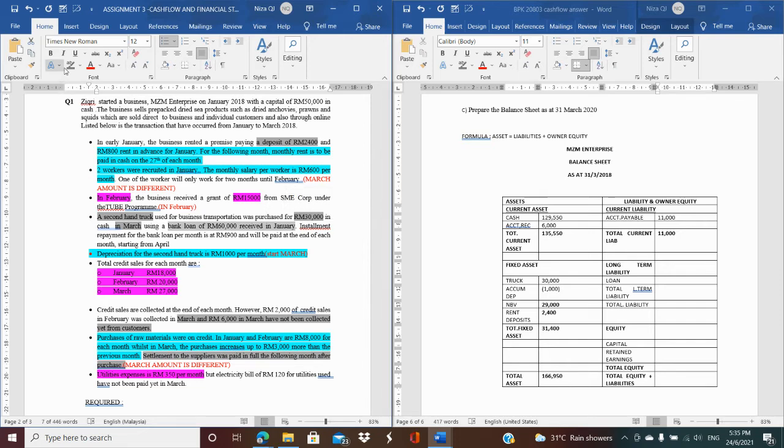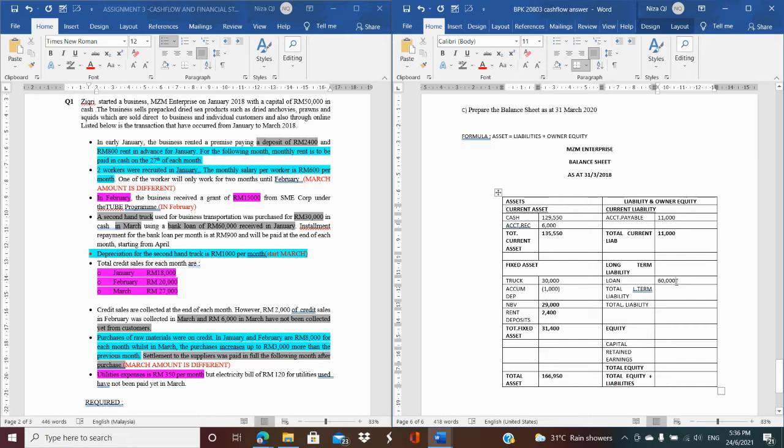The amount of the loan is 60,000, so it's still there. In the balance sheet, you're going to put the whole amount. And if you have made any payment, you will reduce it from the initial amount when you acquired the liability or the asset. So the loan is 60,000.